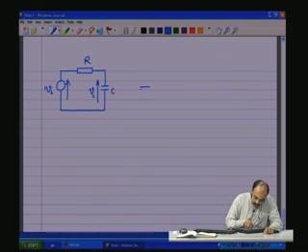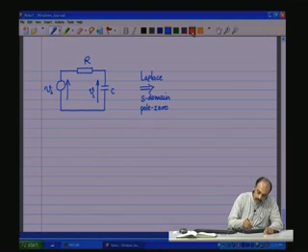Now, if we want to transform it to the Laplace domain or the S domain or the pole zero domain, the circuit topology remains similar.